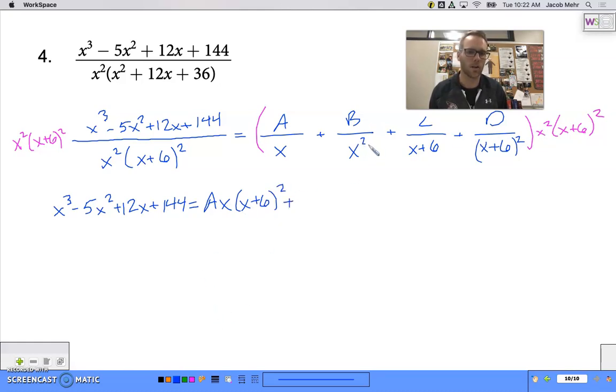Distribute to the second term, the x squareds cancel, leaving us with B times x plus 6 squared, plus C times, what are we going to have here? We're going to have the x squared still in there and one of the x plus 6's. And then in this term, we will have D times x squared. So we've got some work to do here on the right side to multiply this out so we can combine our like terms.